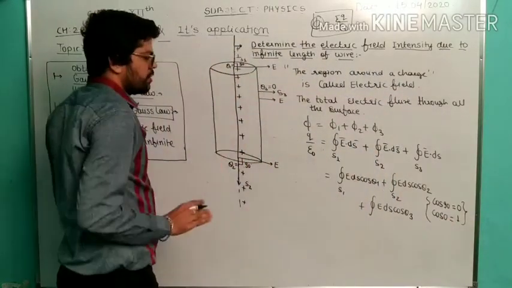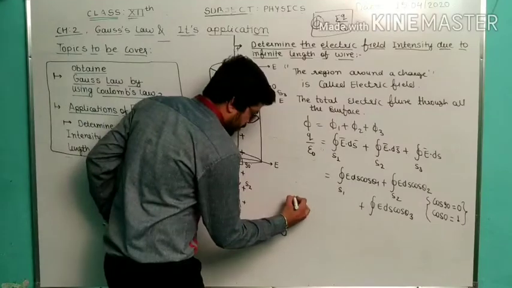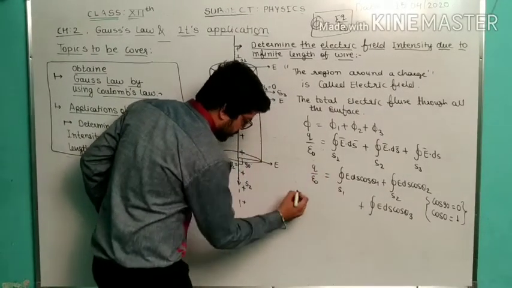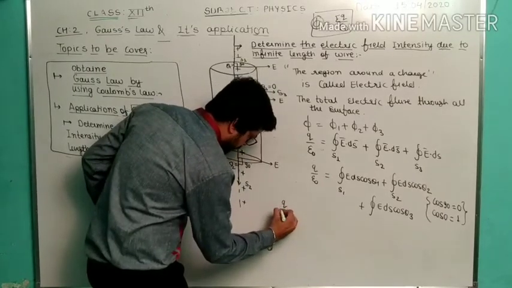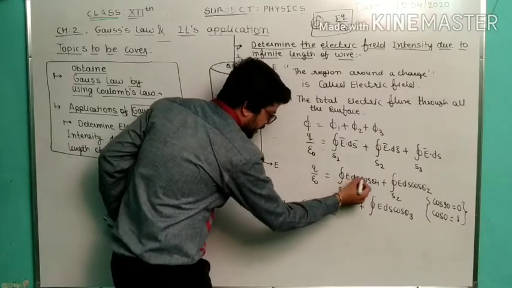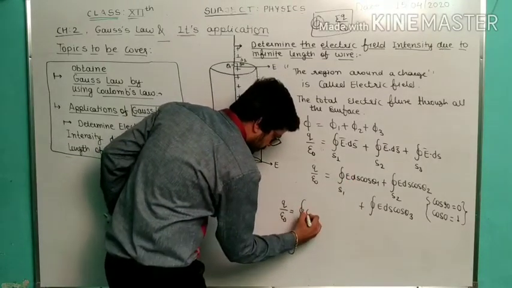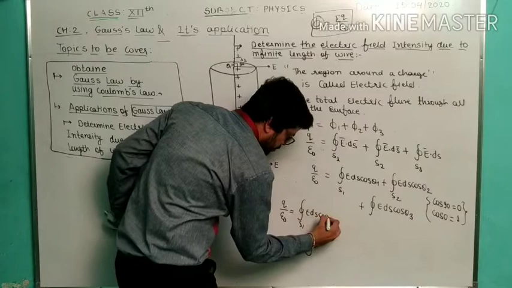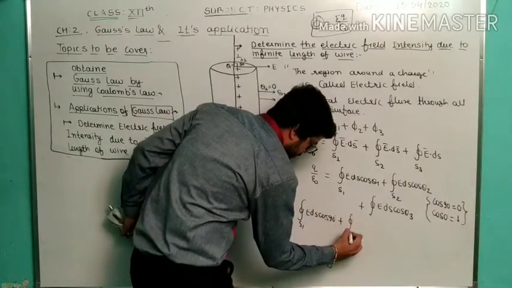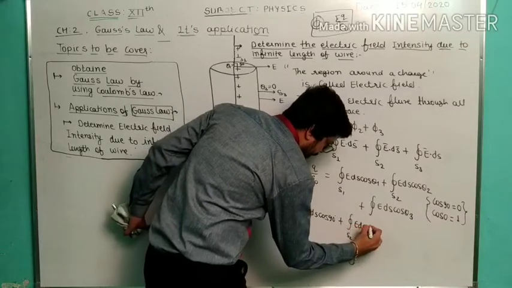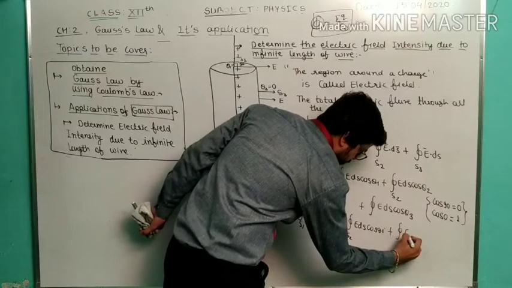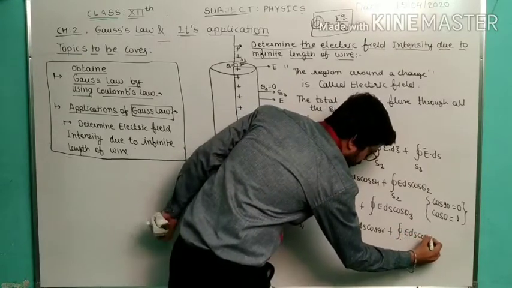So hopefully you understood this particular thing. Now we are going to talk about q upon epsilon naught. So what we are going to cover here: E ds S1, E ds cos 90, and here E ds cos 90, and here E ds cos 0.